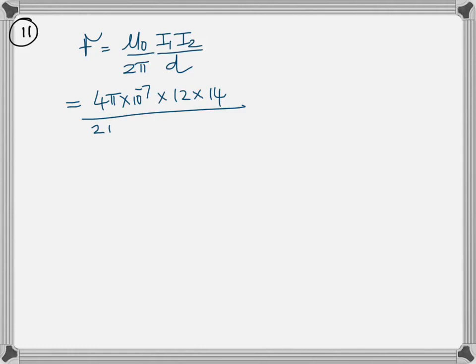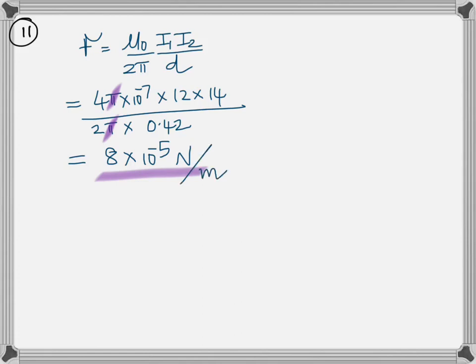So remember that that's the force on 1 meter. So substitute, calculate, 8 times 10 to the negative 5. If you look at the unit, you know it's Newton per meter. I had to put per meter there to show that that is the force on 1 meter.